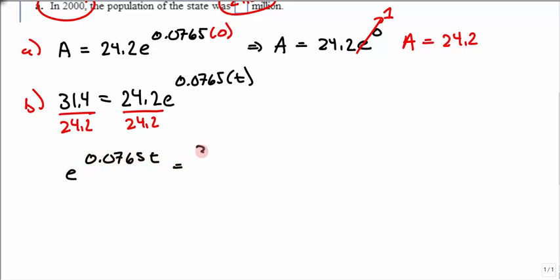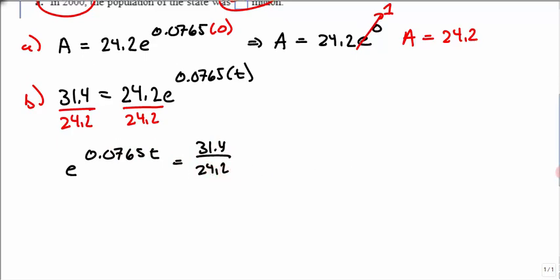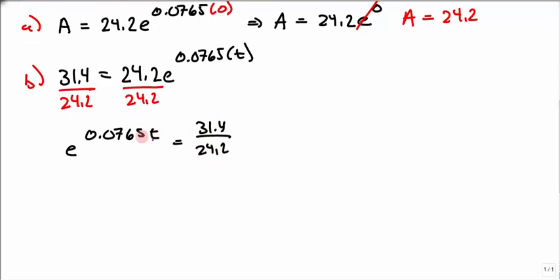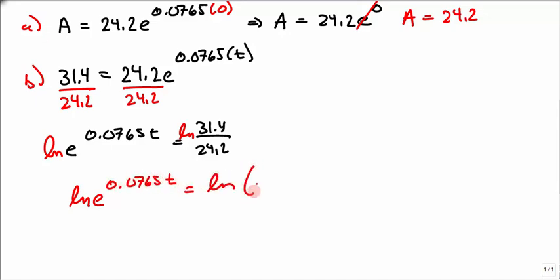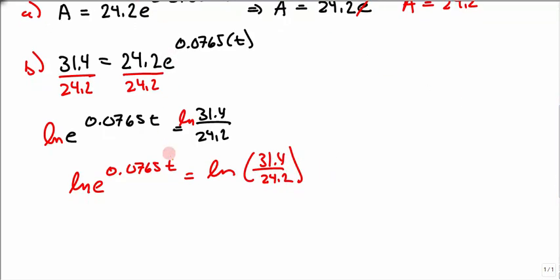So e to the 0.0765t equals 31.4 over 24.2. To get that variable out of the exponent, we take the natural log of both sides. So I have the natural log of e to the 0.0765t equals the natural log of 31.4 over 24.2. The whole idea of taking the natural log of both sides is so I can pull the exponent out front.